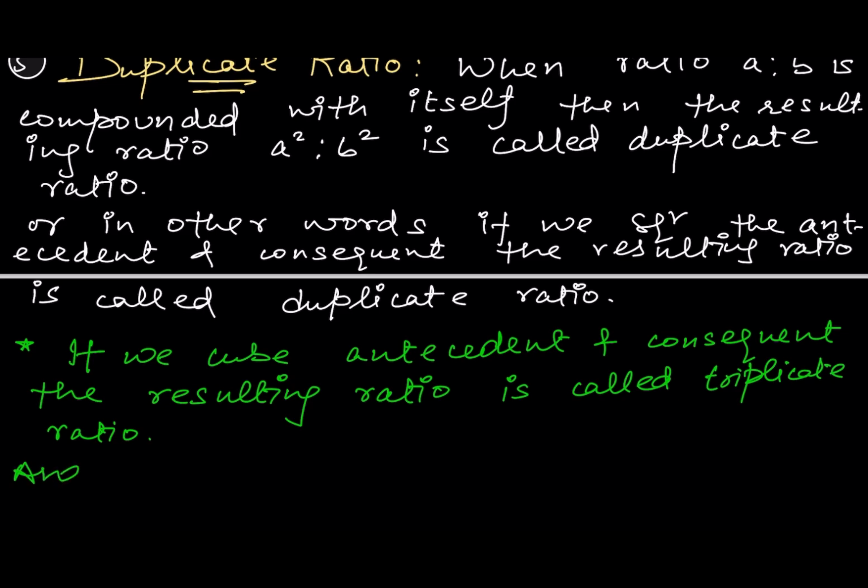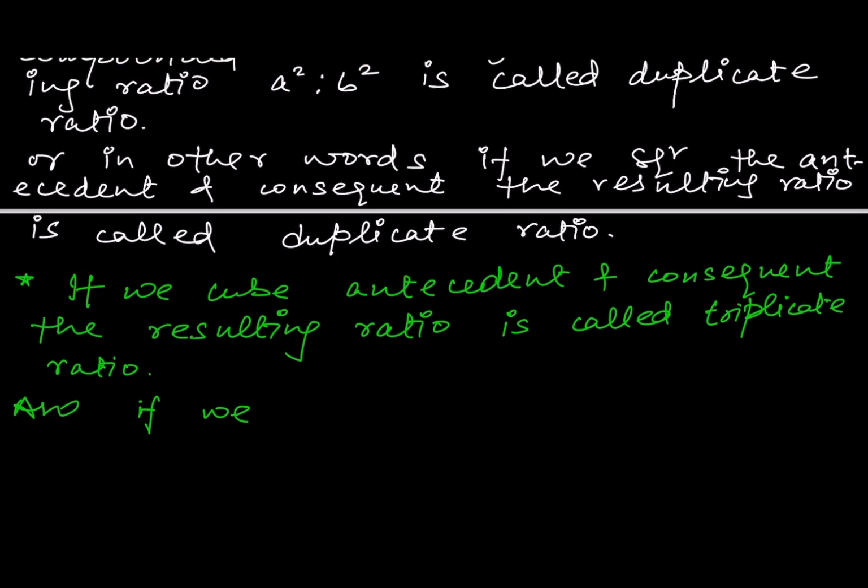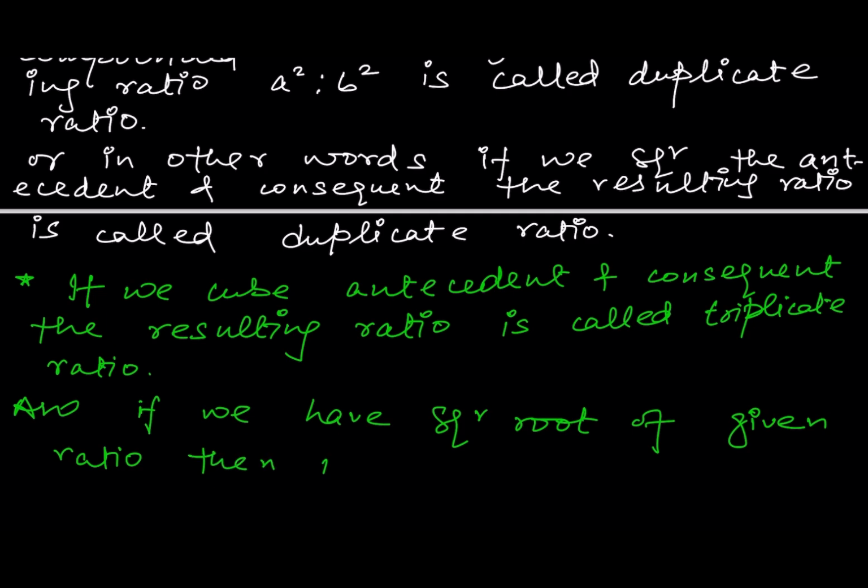Also, if we have square root of given ratio, then it is called subduplicate ratio.